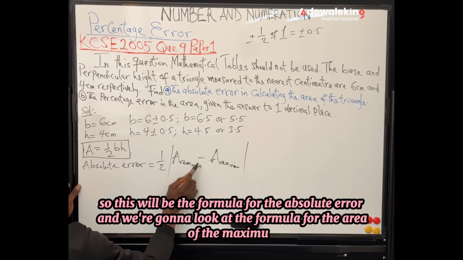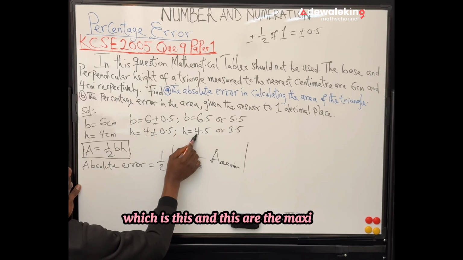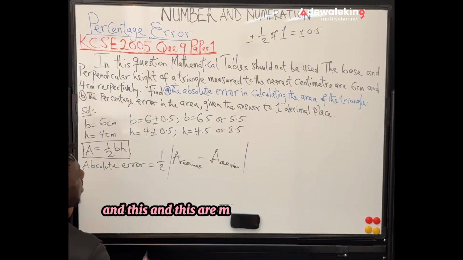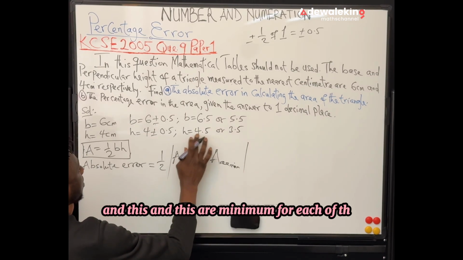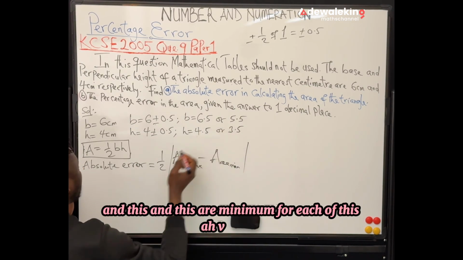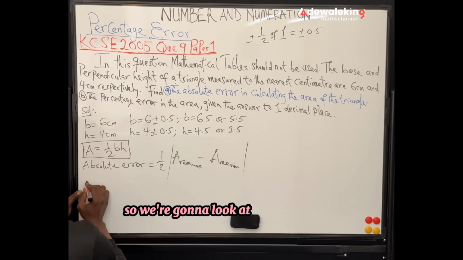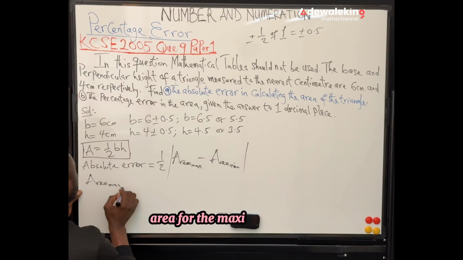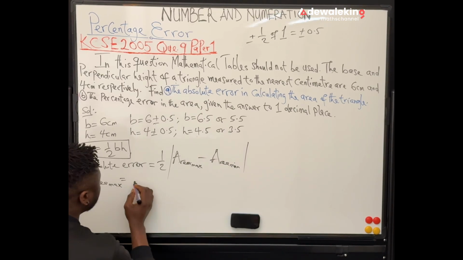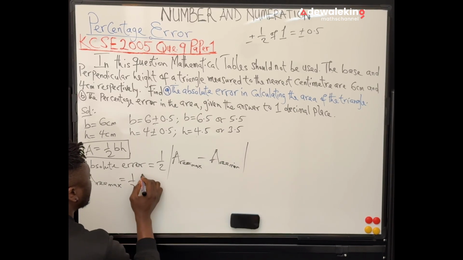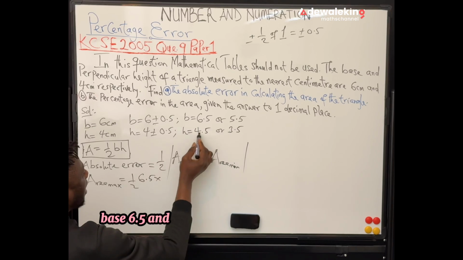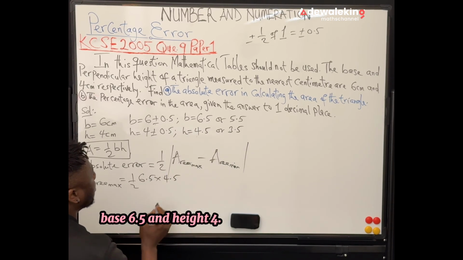So this will be the formula for the absolute error, and we're going to look at the formula for the area of the maximum, which is this and this are the maximum, and this and this are the minimum for each of these variables. So the area for the maximum will be half, base 6.5 and height 4.5.